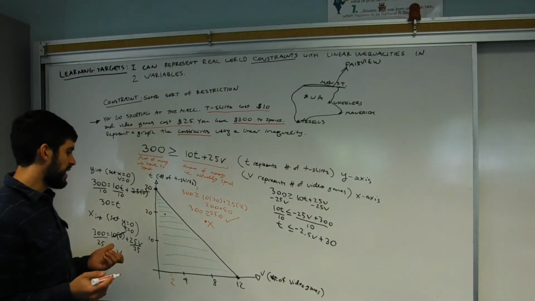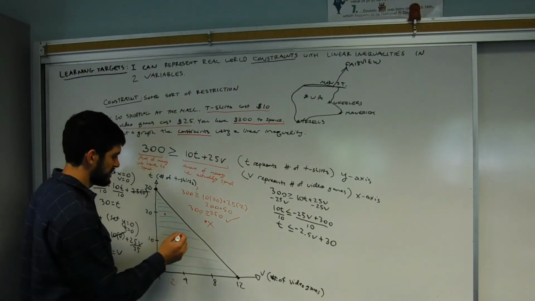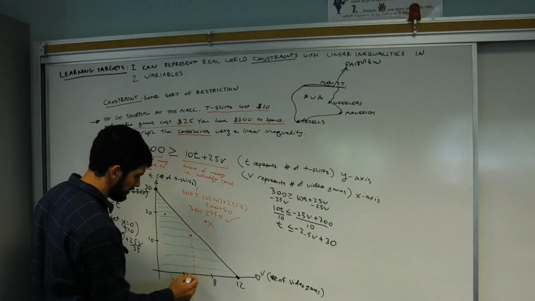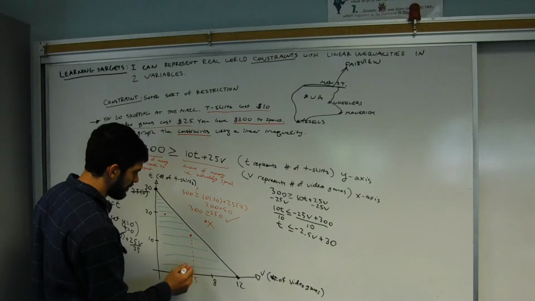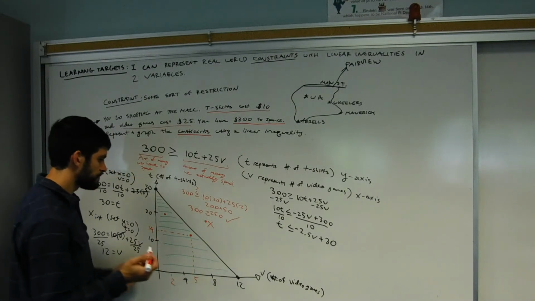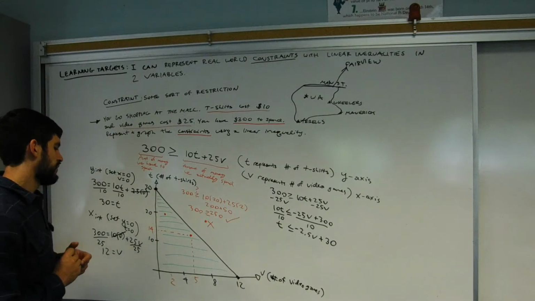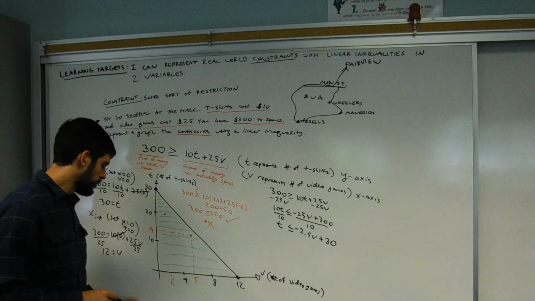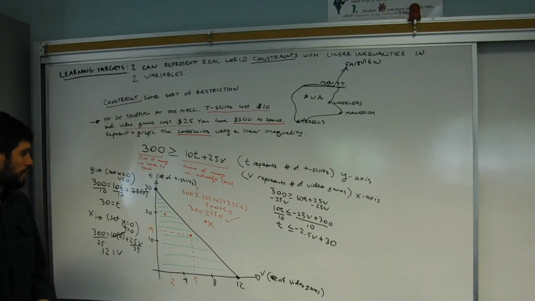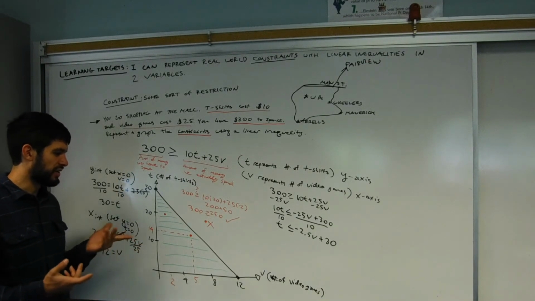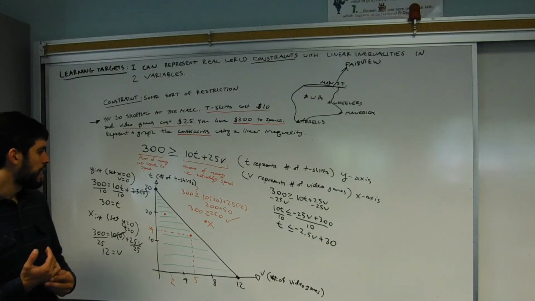If you want a good balance between t-shirts and video games, you could pick a point here, like 5 video games and 14 t-shirts. Again, we can really easily see what combinations we can buy. So that is an example of how to represent this set of constraints using a linear inequality in 2 variables.